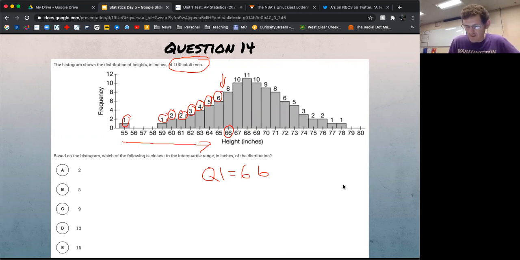So 1, 2, 4, 6, 9, 14, 20. I know it's going to fall on that right there. So Q3 is 71. Interquartile range, now it's easy. It's 5. Okay, so we good with that logic?